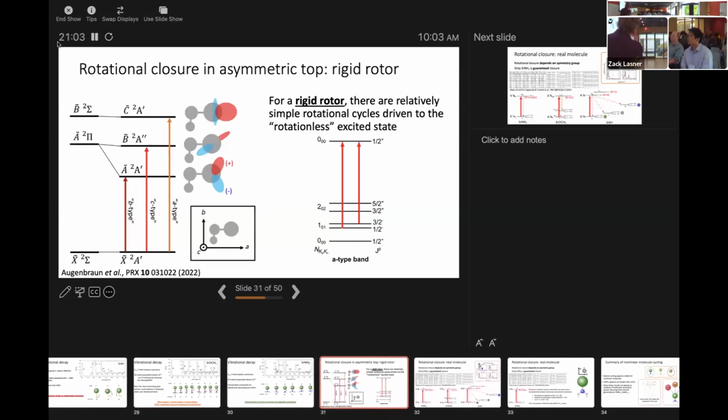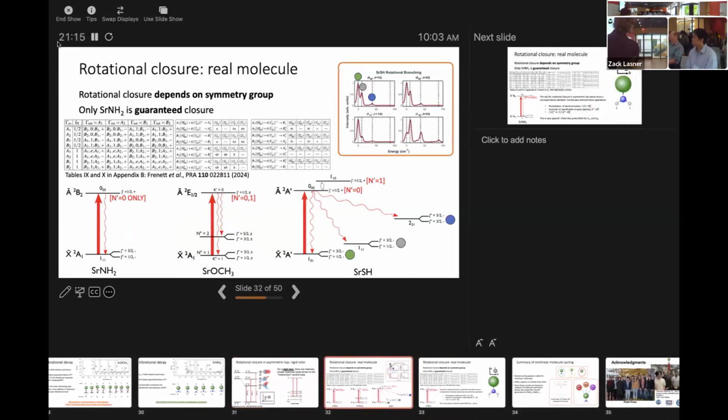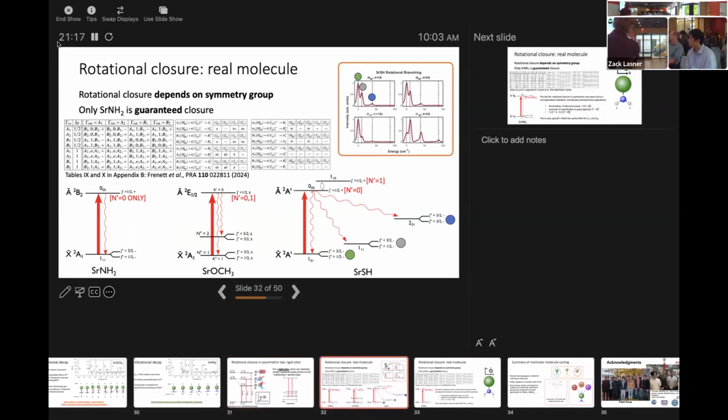For rotational closure, I'll breeze through this a little quickly. There's some theoretical analysis that shows for a rigid rotor, there are simple rotational closure schemes you can use for any asymmetric top. In a real molecule, it's a mess. And SRSH in particular decays to several states that are not even microwave remixable. These are very, very far apart because they have to do with rotations of the hydrogens, which have a small moment of inertia.